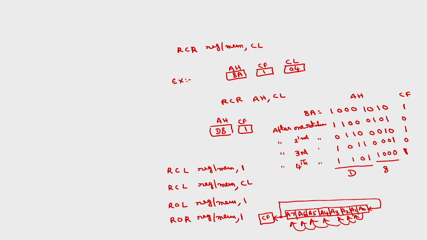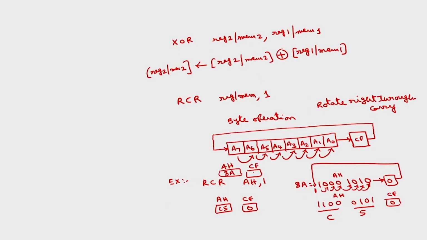So this is exactly the same operation, but the contents will be passed without carry. Okay. So if I take the same previous example, and if it is ROR instead of RCR, what will be the contents of this AH register after this, if carry flag is set before this?